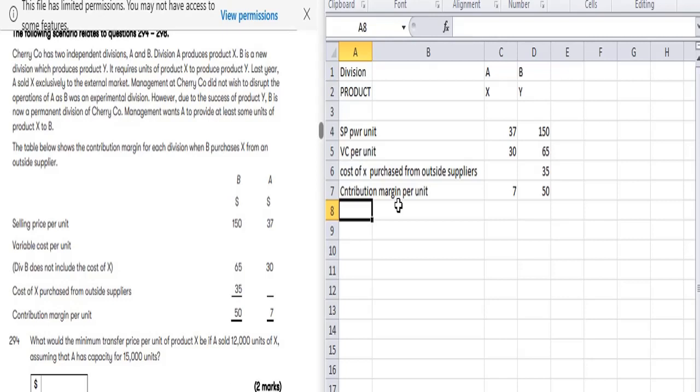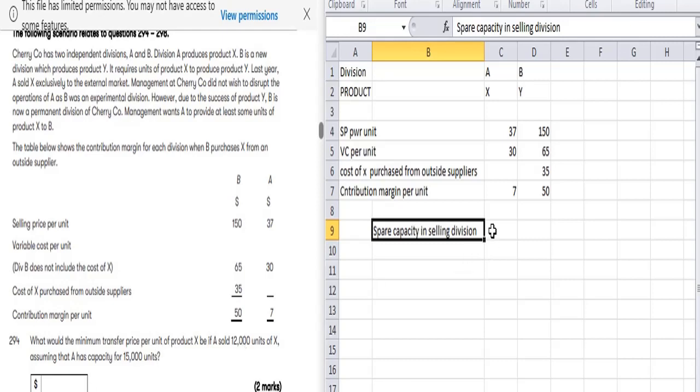So if the selling division has spare capacity, again I repeat, spare capacity in the selling division, not the buying division. In our case, division A has a spare capacity of 3,000.